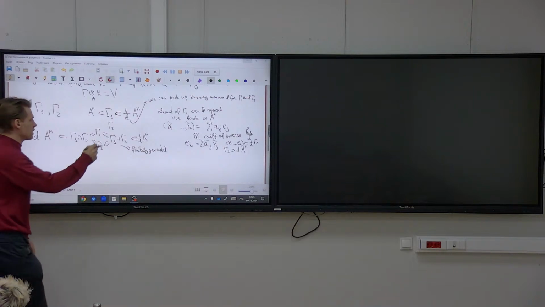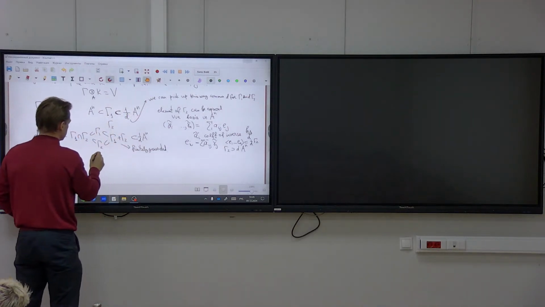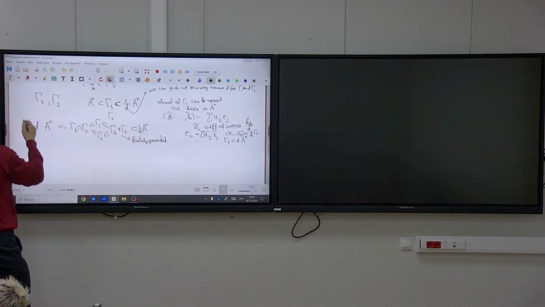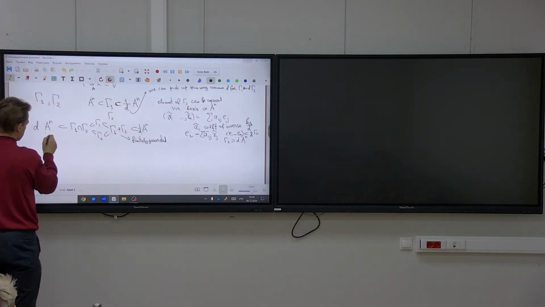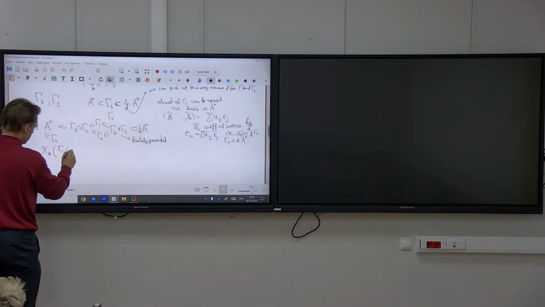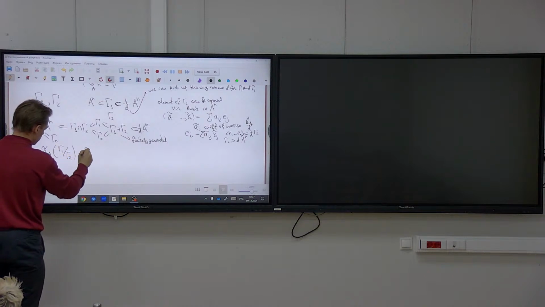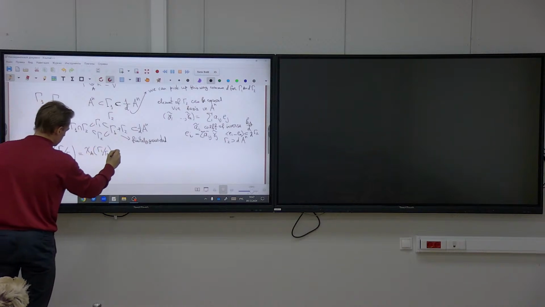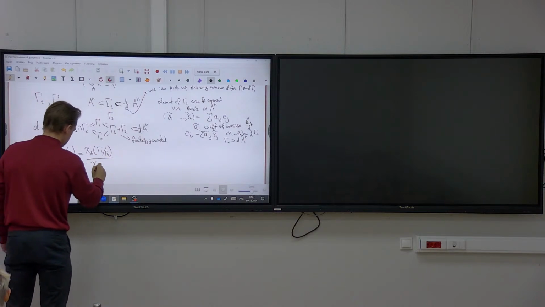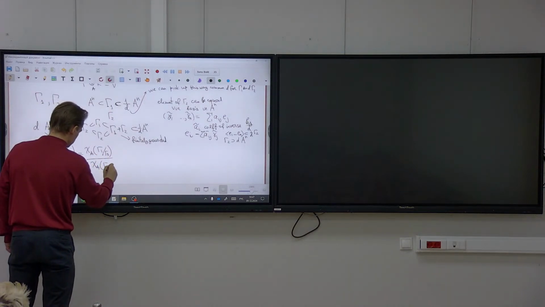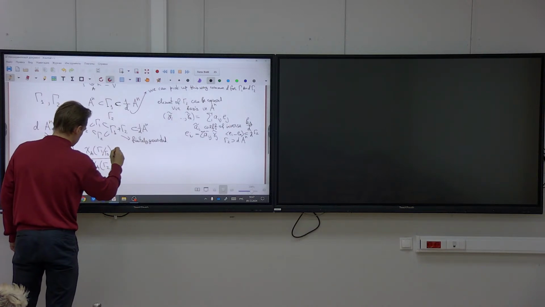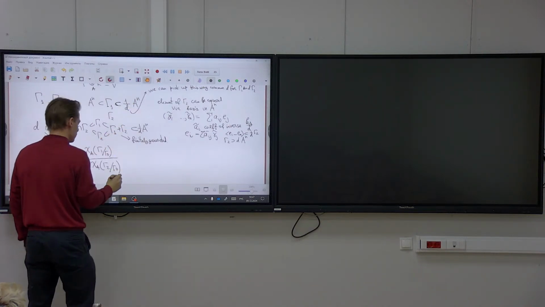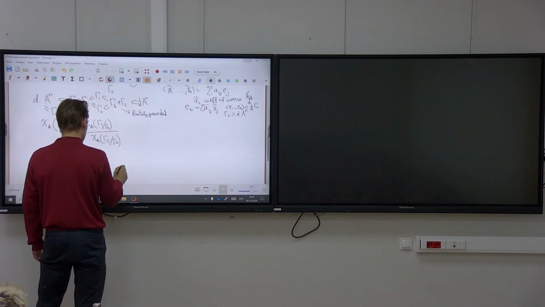So if you have a common lattice equal to gamma 0, we have considered chi of a of gamma 1 modulo gamma 0 divided by chi of a of gamma 2 modulo gamma 0. So this was a recollection of what we have said.